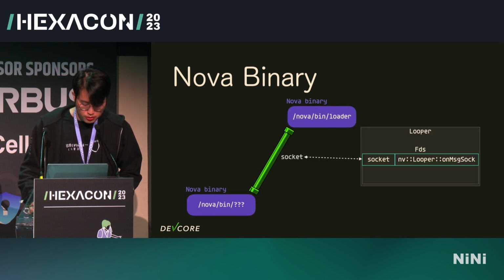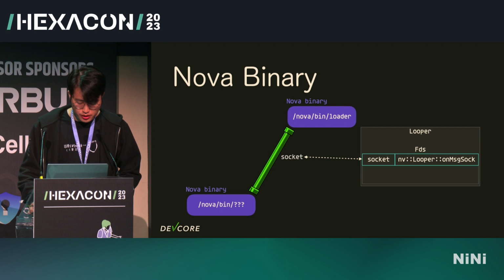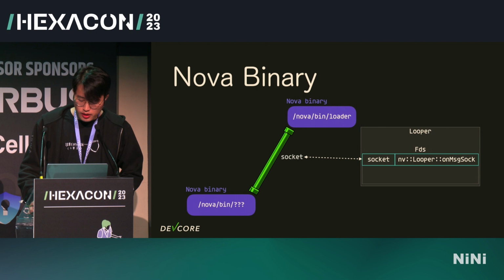And the looper is responsible for the communication between the current process and the loader. The looper registers a special callback for the Unix socket, which is used to communicate with the loader. The special callback on message sock will dispatch the message to the corresponding handler once it receives a Nova message from the socket.